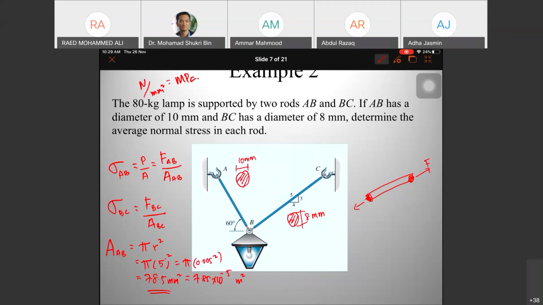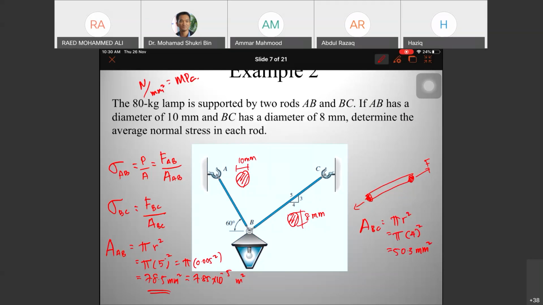So area AB is pi r squared. Area BC is pi r squared as well, which is equal to 50.3 mm squared.